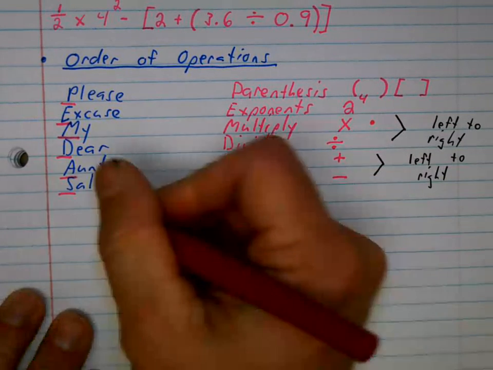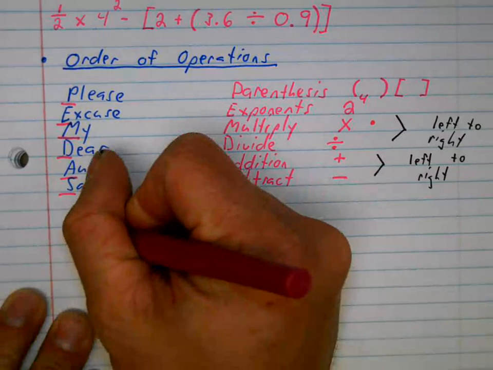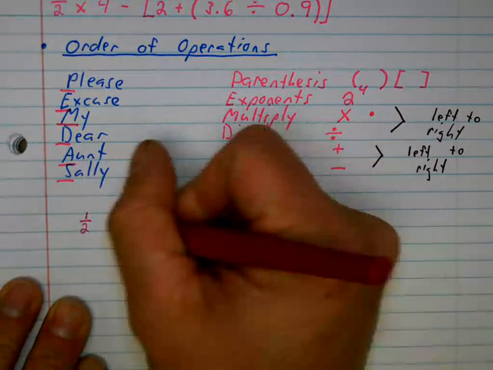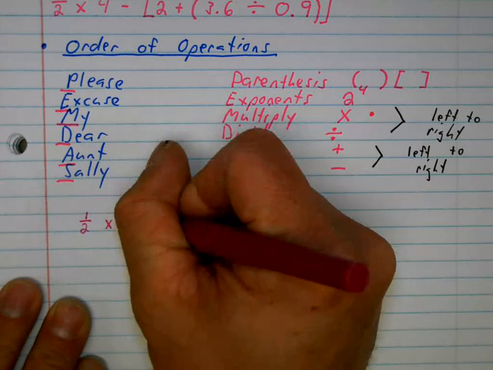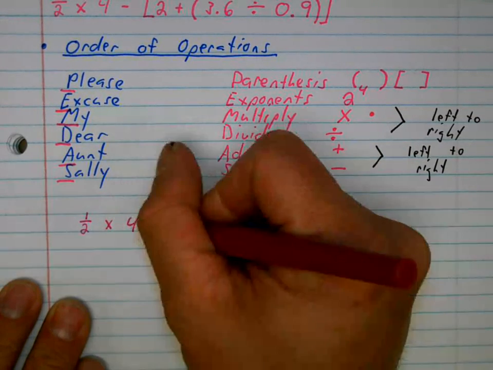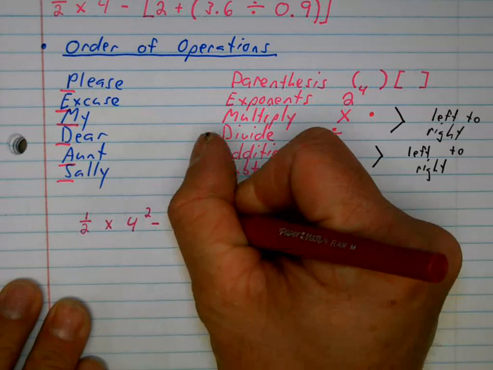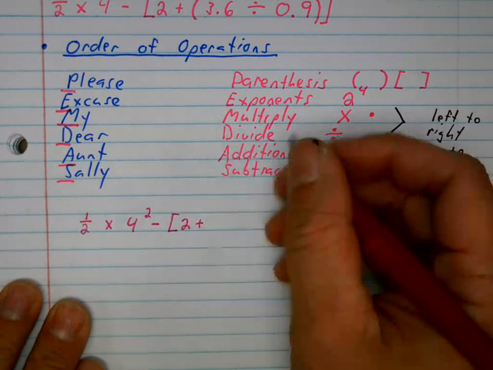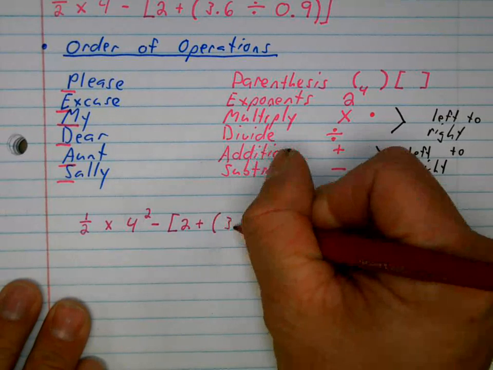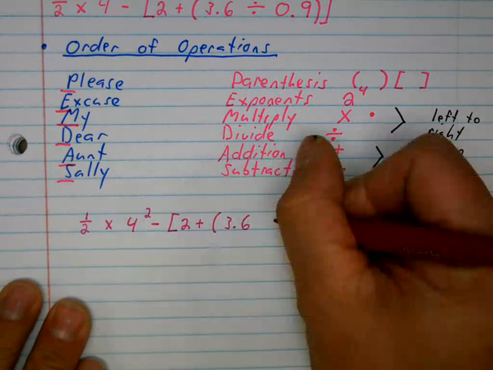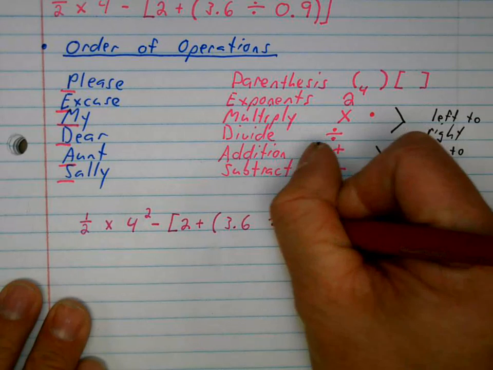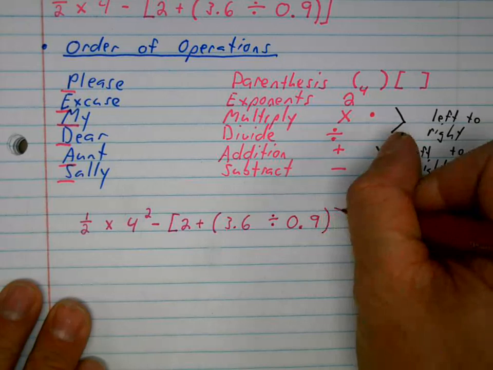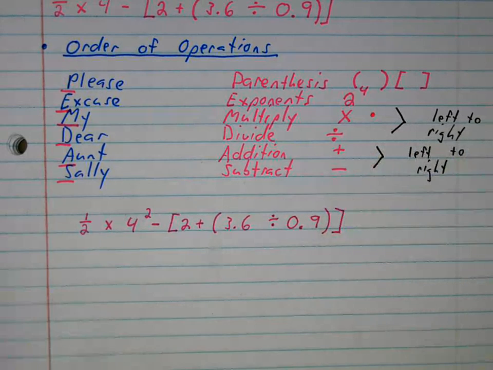I'll write down 1/2 times 4 to the second minus, I'll start my bracket, 2 plus 3 6/10 divided by 0 9/10. I'll close my parentheses and close my bracket.